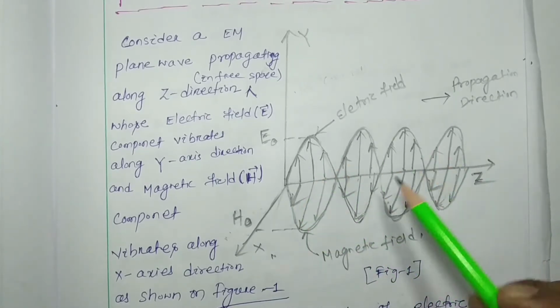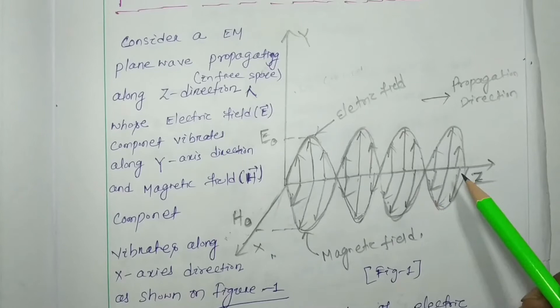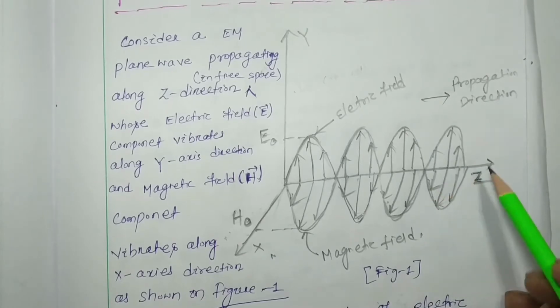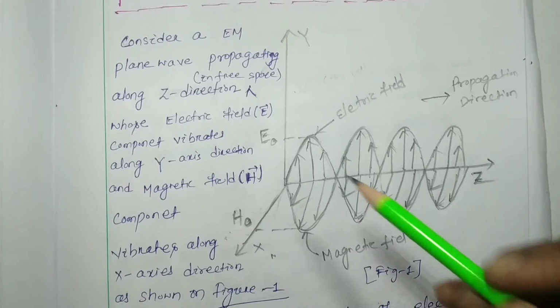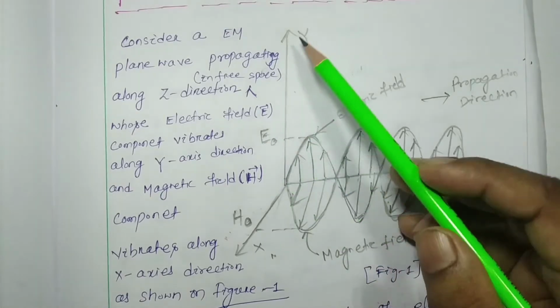So from the figure we can see that there is no field component along the z axis; the wave only propagates along the z axis, but the electric field component is along the y axis, and the magnetic field is along the x axis.